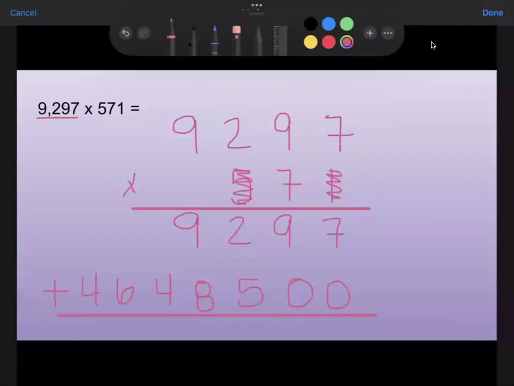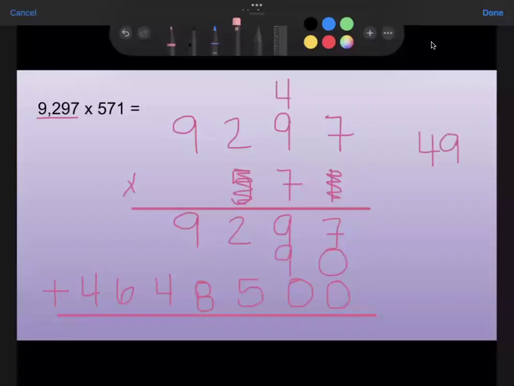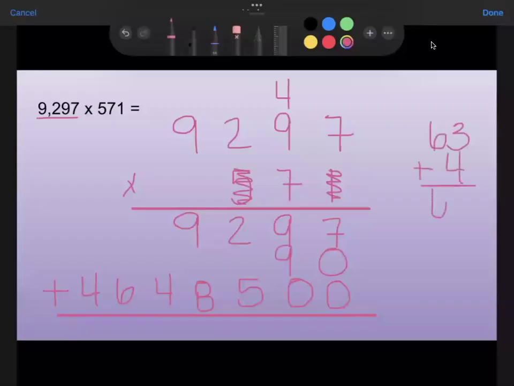7 times 7. Oh, first we have to have a 0 because we're multiplying by a 7 that's in the tens place. 7 times 7 is 49, right? Okay, so 9 here and 4 gets regrouped up here. Okay, and I'm going a little more carefully this time. 9 times 7 is 63 plus 4 would give us 67. Okay, so a 7 here and a 6 up here.